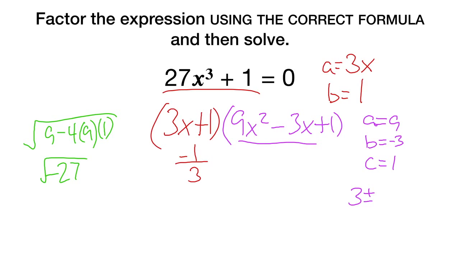The square root of negative 27 was 3i square roots of 3. And that's all going to be over 2 times a, which is 2 times 9, or 18. So there is a common factor between 3, 3, and 18, and that is the number 3. So I'm going to divide each part by that. So that's 1 plus or minus i square roots of 3 all over 18 divided by 3 is 6.